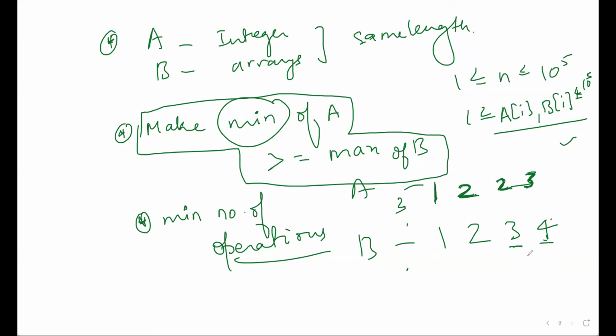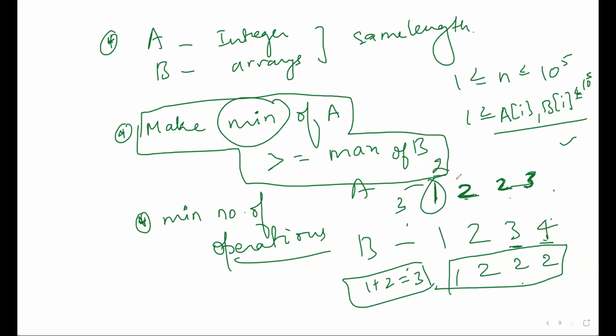You will decrement these two values to 2. So it will take one operation, and it will take two operations, so the number of operations is 3. And then you will increment this value to 2. So you'll have 2, 2, 2, 3, and 1, 2, 2, 2. So three operations in array B and one operation in array A. So the number of operations is 4.